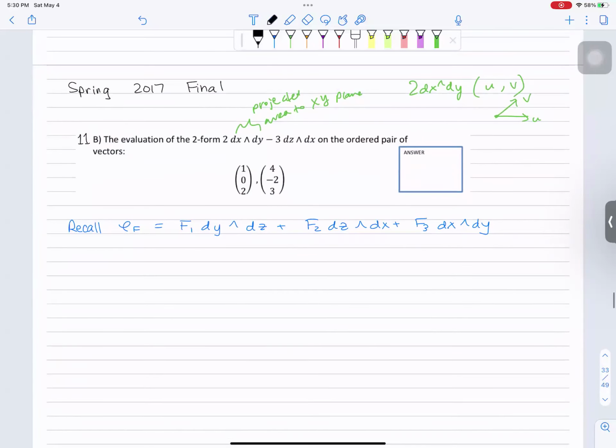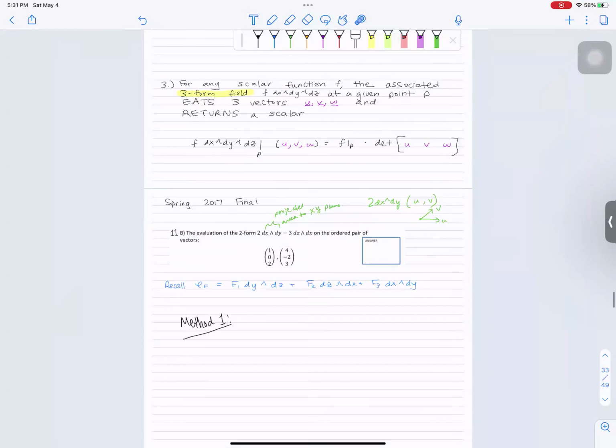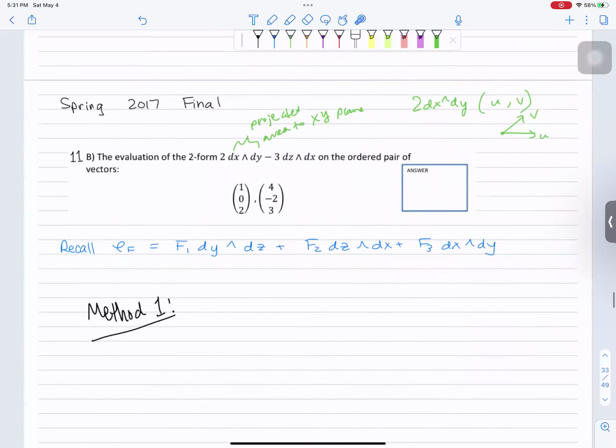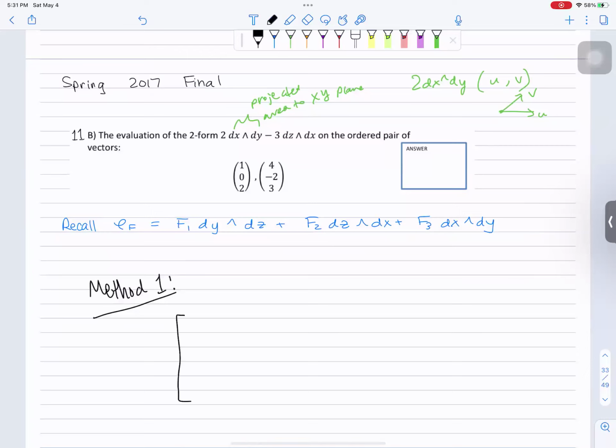Okay, so we have this 2 form. Let's see, there's 2 ways of doing this. The first way is using the formulas I had above, where I have a 2 form eating 2 vectors. I take the field and the vectors. So what is my field? Remember, I have to write it in the correct order.